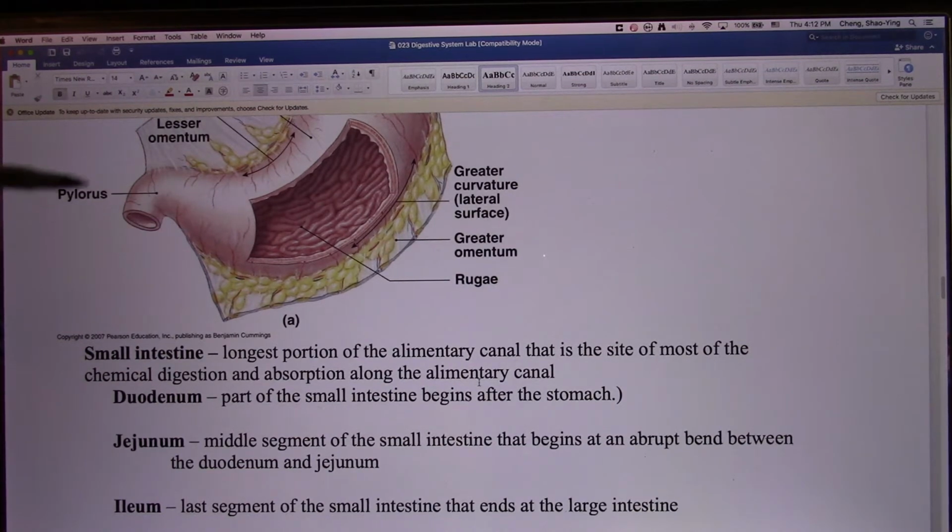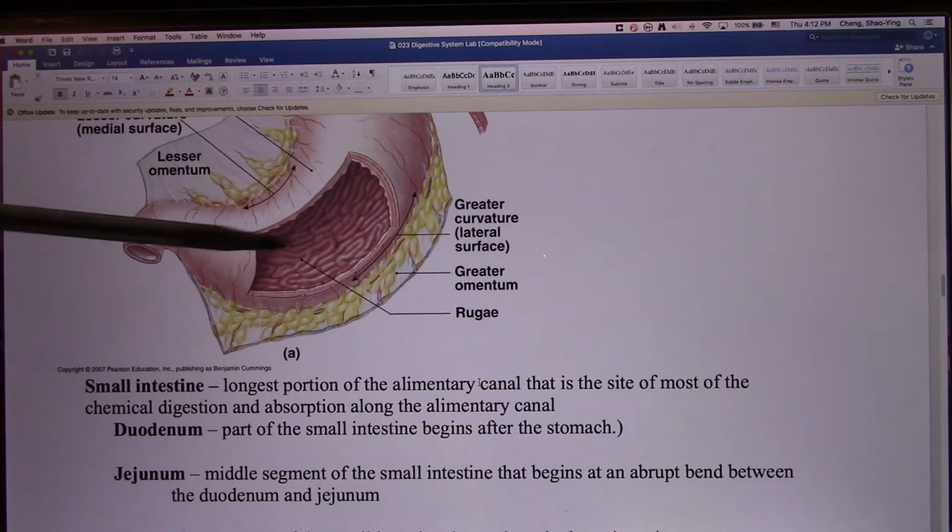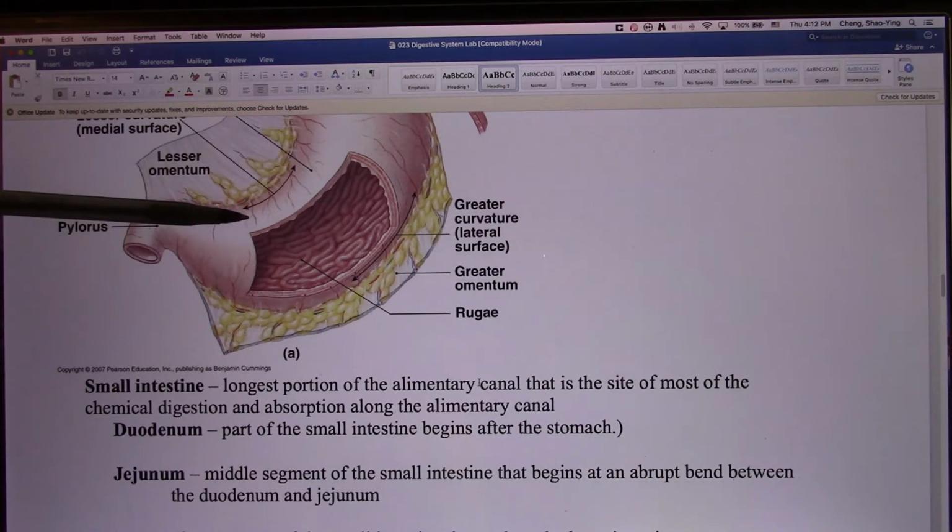The pylorus is a sphincter that holds tight so the food stays there. After the stomach digests the protein, it opens. Now we don't call it food, we call it chyme, and it goes to the small intestines.